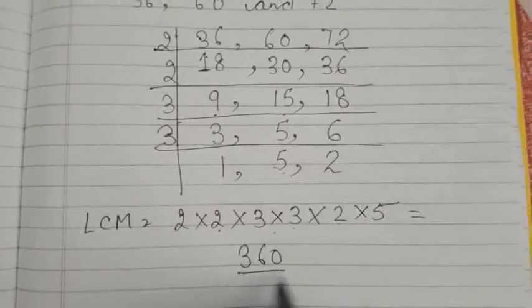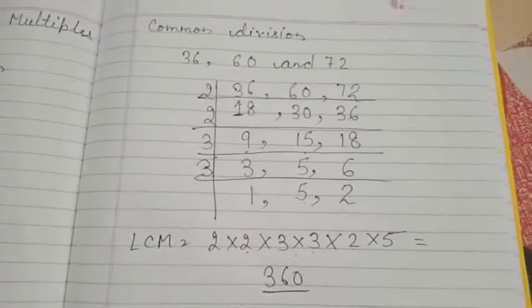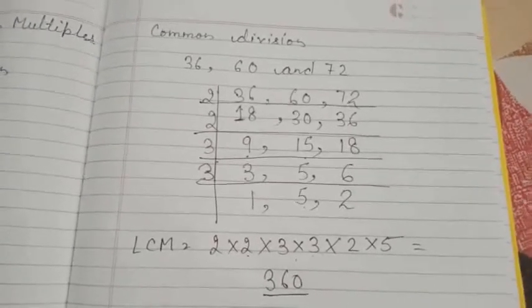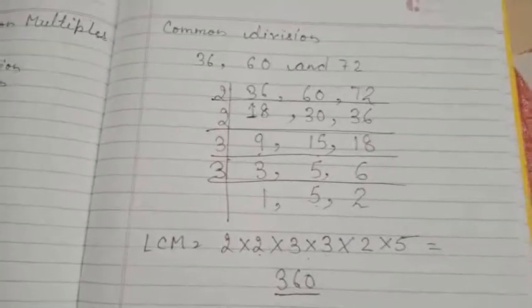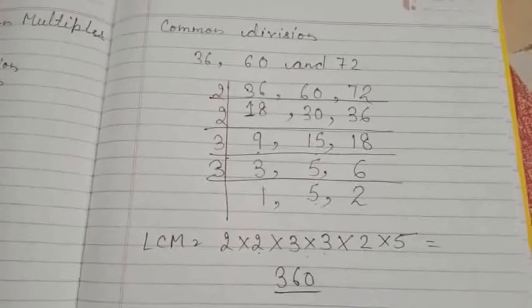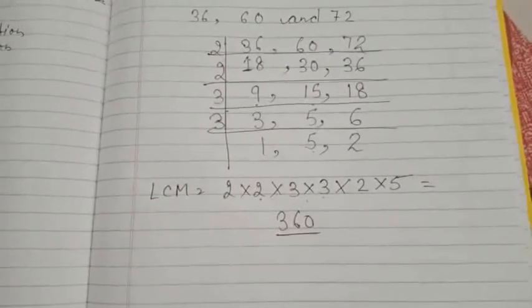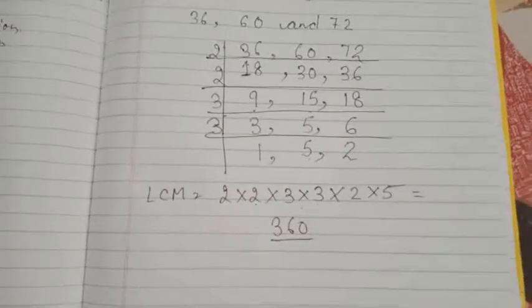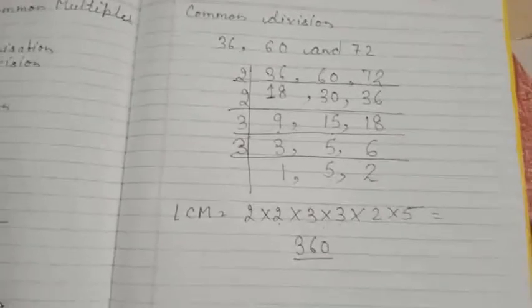So 360 will be the LCM of 36, 60 and 72. Now this is the common division method. These two methods, prime factorization and common division, work for both HCF and LCM, but the division method is only for the HCF.